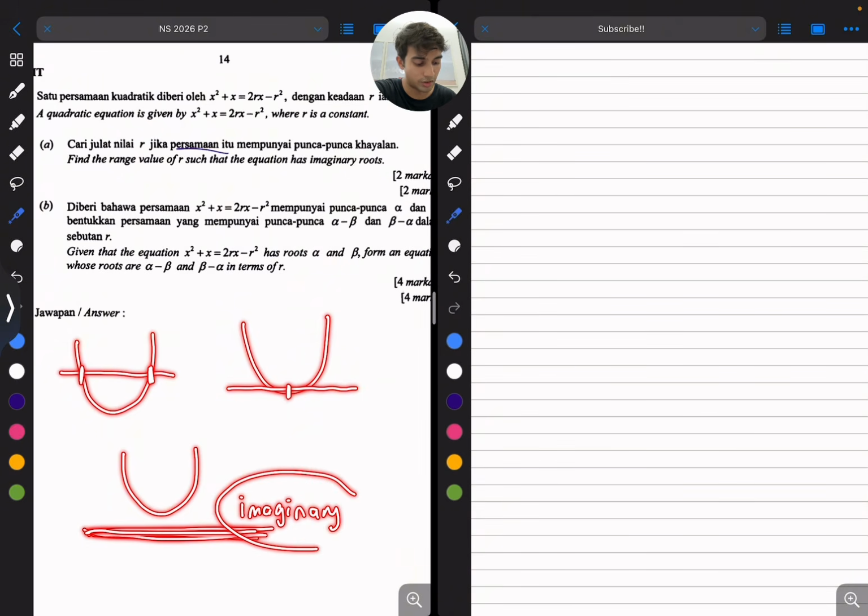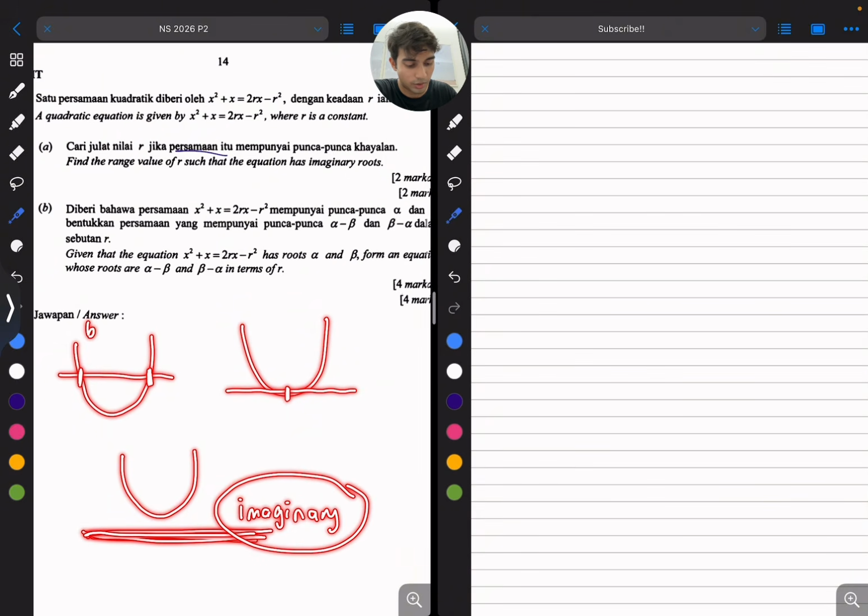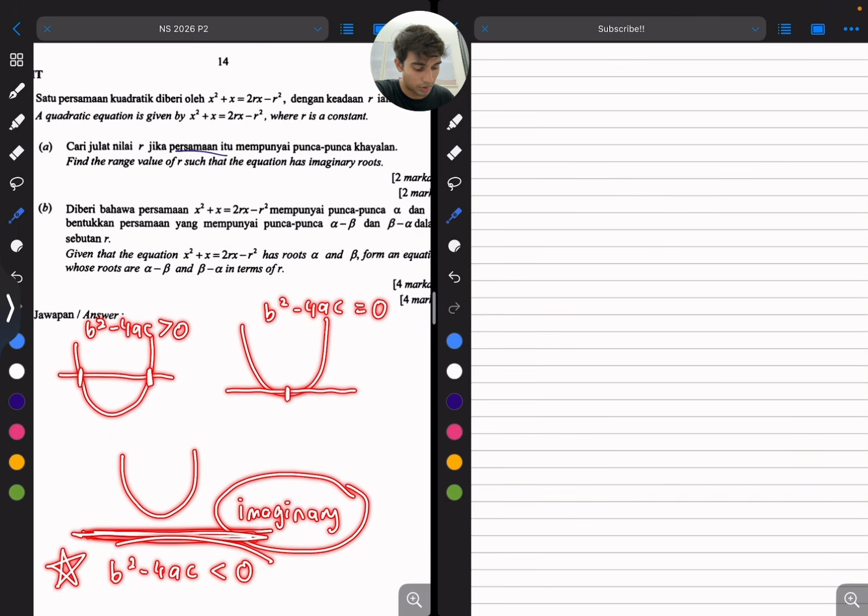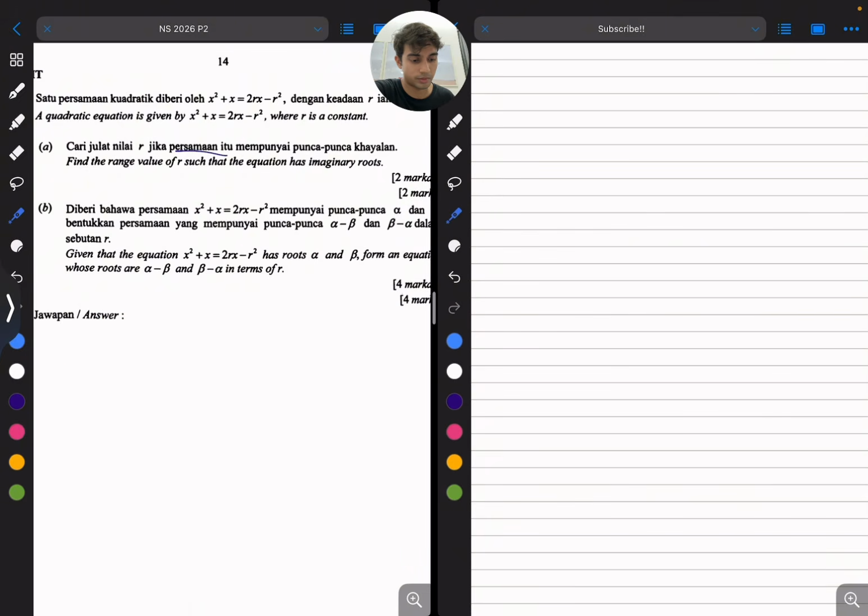So we call these imaginary roots. So for this one, b square minus 4ac will be more than 0, b square minus 4ac equals to 0, b square minus 4ac lesser than 0 because no roots. So we must use this equation to solve.